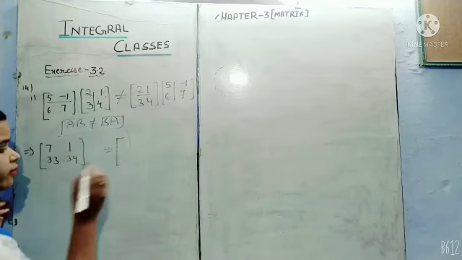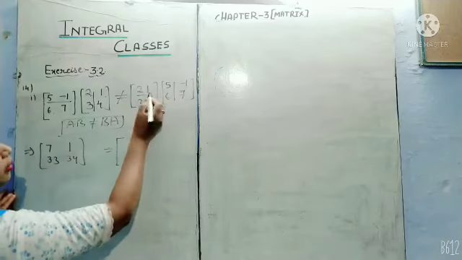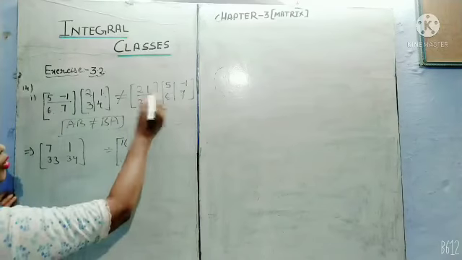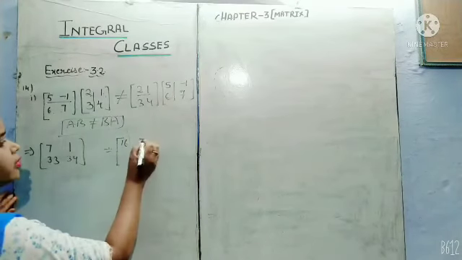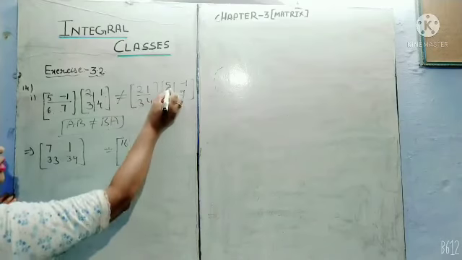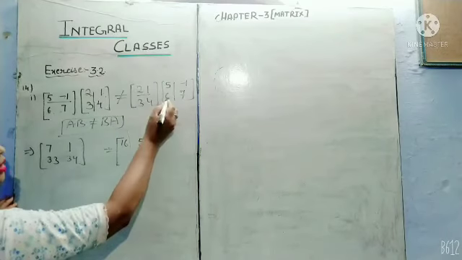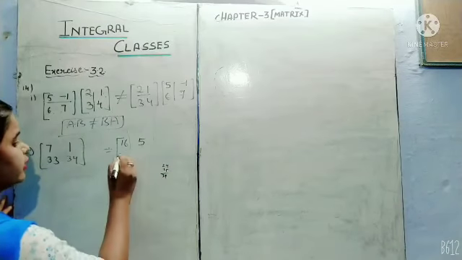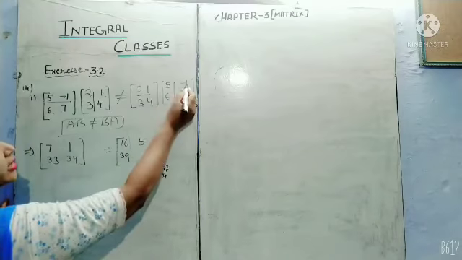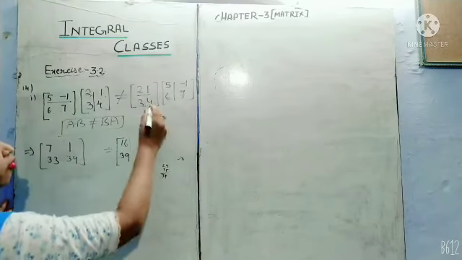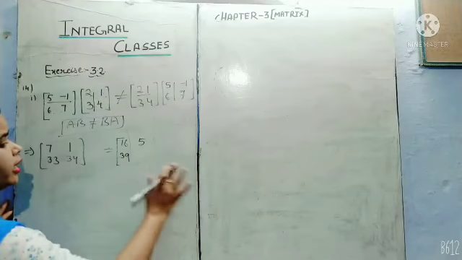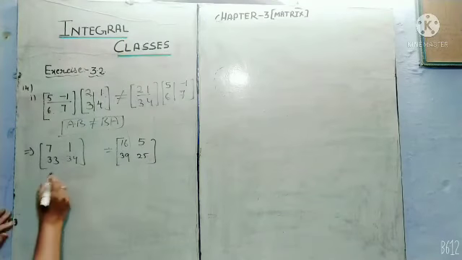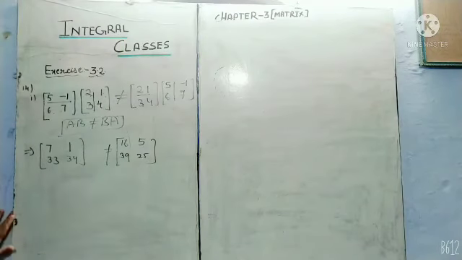So what will we get? 2 times 5 is 10, 1 times 6 is 6, 10 plus 6, 16. 2 into minus 1 minus 2 plus 7, 5 times 3 is 15, 4 times 6 is 24, and 24 plus 15 will become 39, minus 3, 4 times 7 is 28, 28 minus 3, 25. So student, as we observe, these two matrices are not equal.